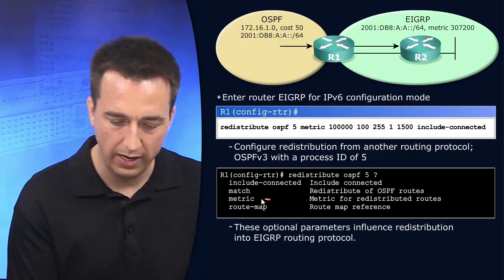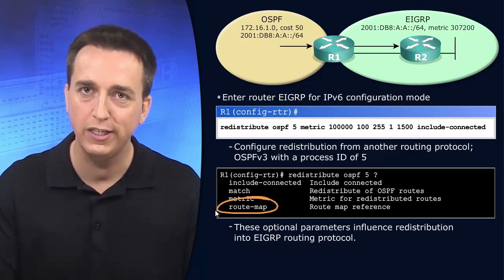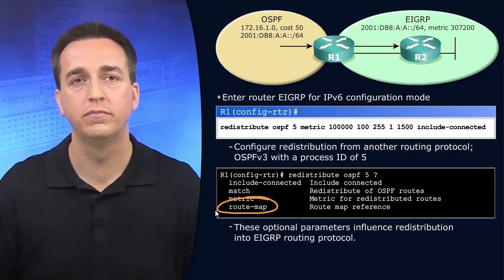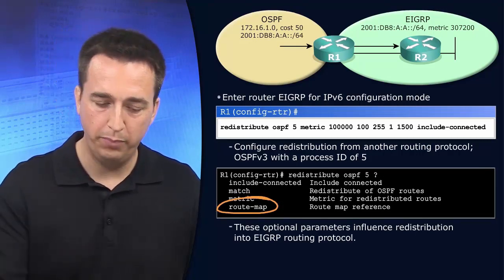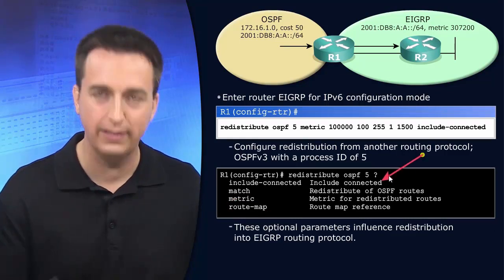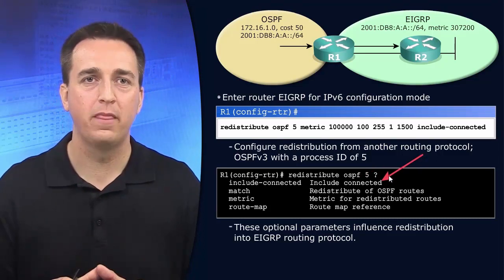We can also apply a route map, as we'll see in a future discussion, to granularly control specific routes that are being redistributed. Big difference: the include connected keyword. What does that do?